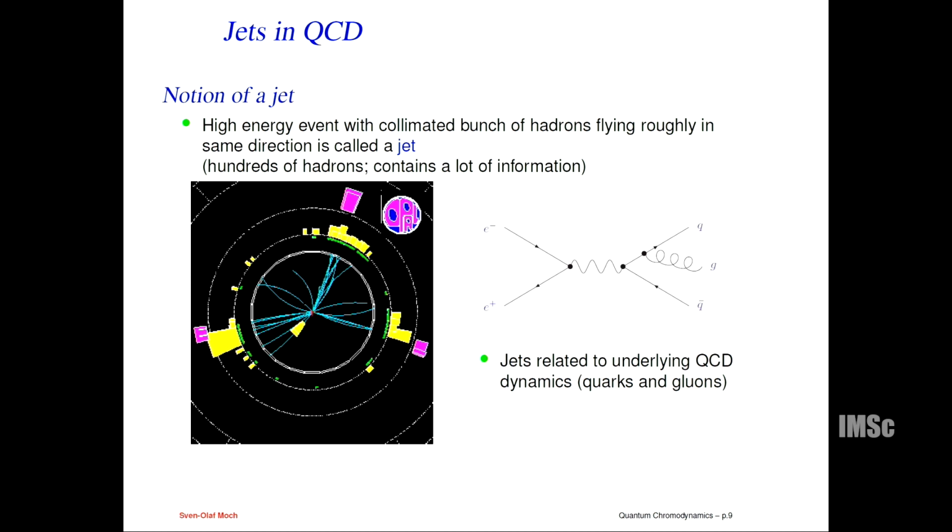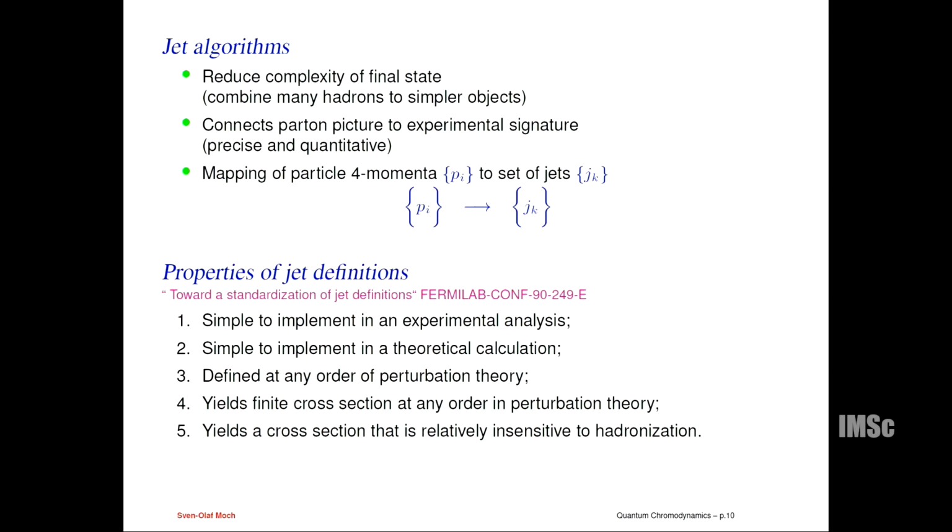So this is an old three-jet event in e+e- from the OPAL collaboration, which ran at the Large Electron-Positron Collider at CERN more than 20 years ago. You basically have e+e- annihilation, and then here you have three jets: quark, antiquark, and a gluon. So this would be coming from something like this. And of course, jets are related to the underlying QCD dynamics.